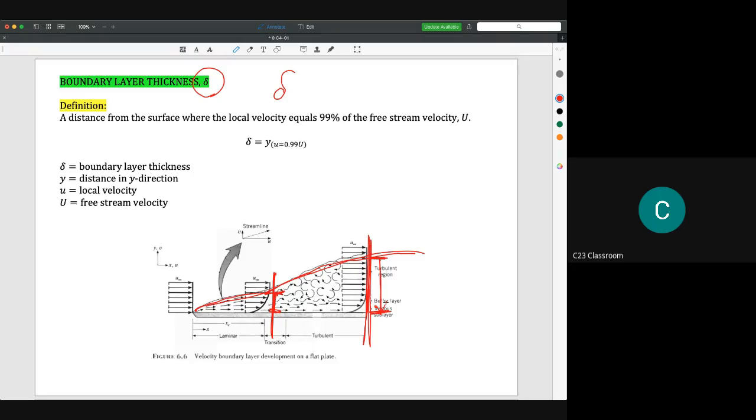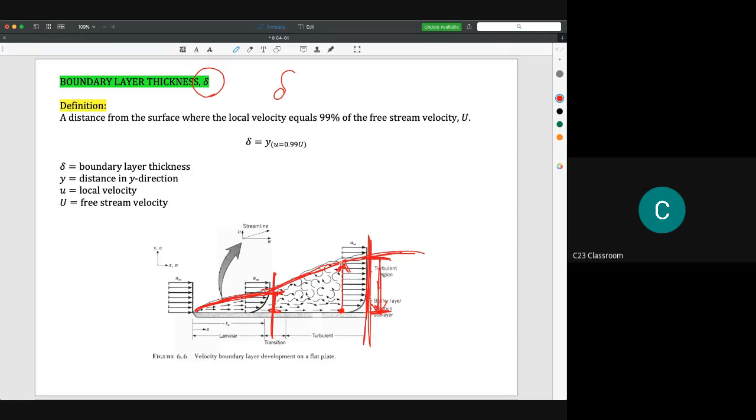If you could capture the boundary layer image, you could measure it directly. The boundary layer thickness actually exists, so it is a real thing. If you have a boundary layer like this, you just measure from here to here. But the problem is we need to measure from the surface until what condition.